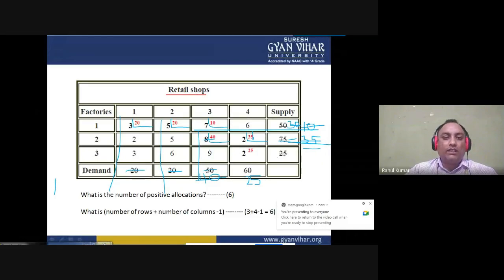So the total demand and supply both are equal.